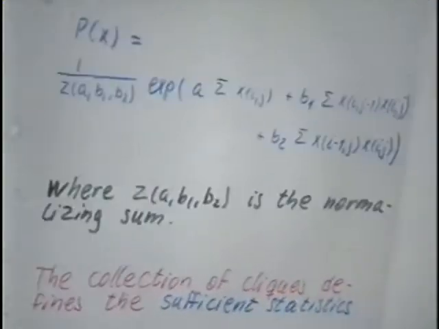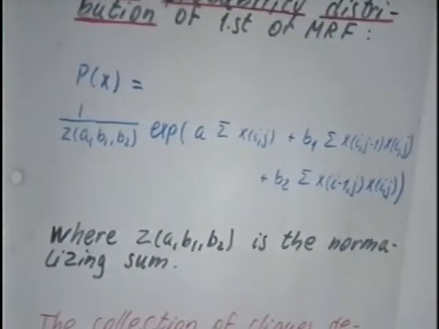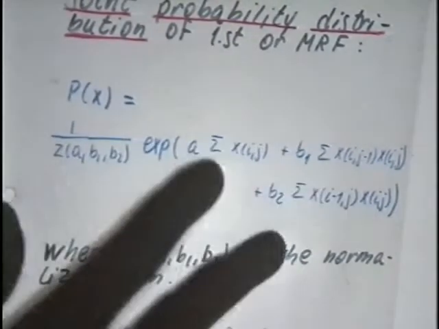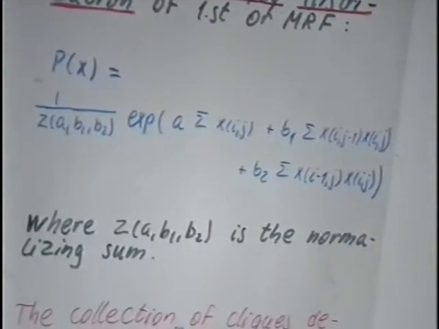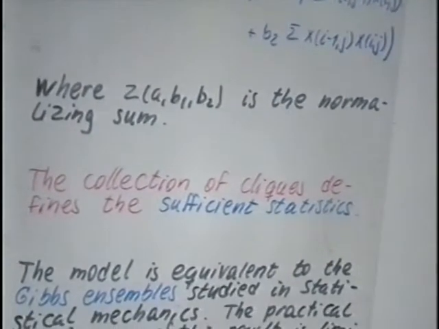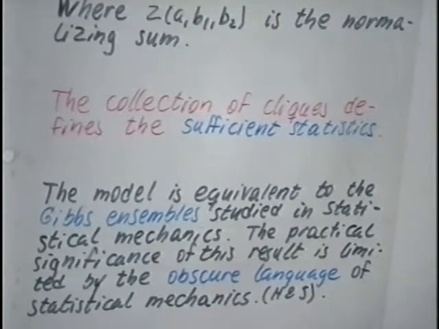Now, this model is also known from statistical mechanics. You can show that the joint probability distribution follows this expression up here, and these sums here are described as sufficient statistics, and they are given by the cliques in that neighborhood system.